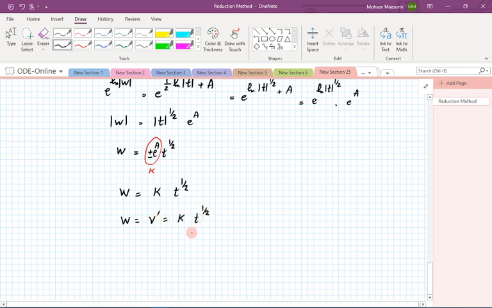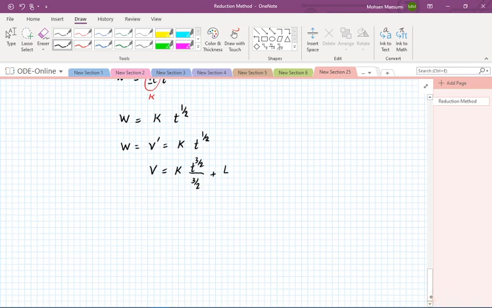Well, now it's rather downhill. I have the derivative of a function. In calculus 1, we learn how to figure out the function itself. I take an antiderivative of this, becomes t to power of 3/2 divided by 3/2, and then plus a constant. Let's call this one, say, L. We didn't want v either.